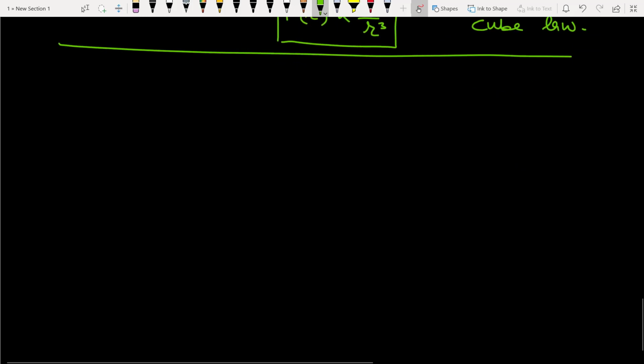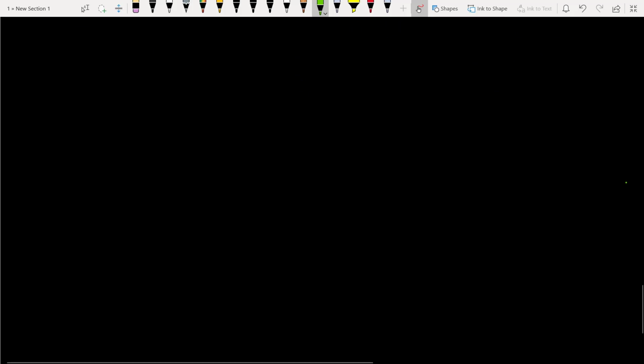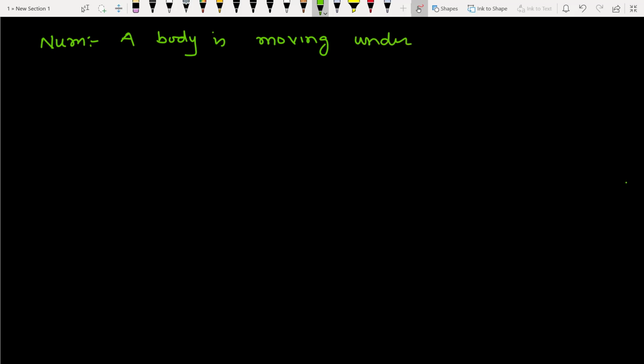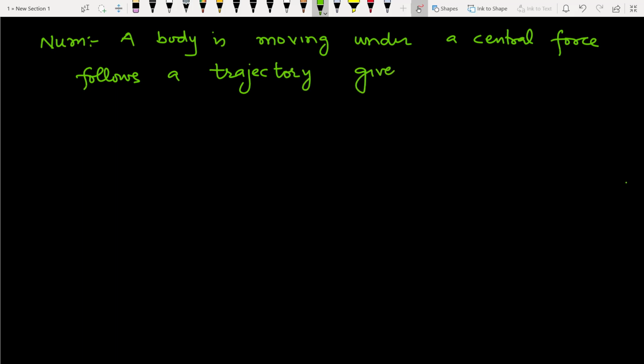Second, a little bit tough numerical of the same kind. A body is moving under a central force and follows a trajectory given by r is equal to a cos theta.